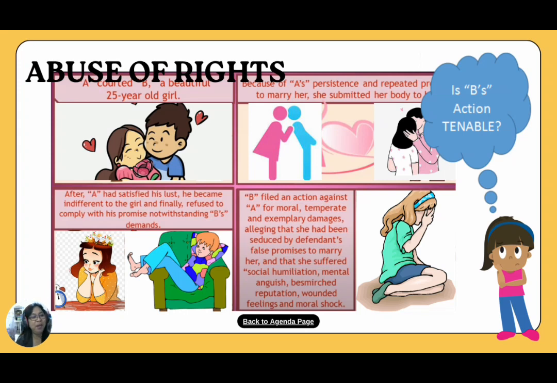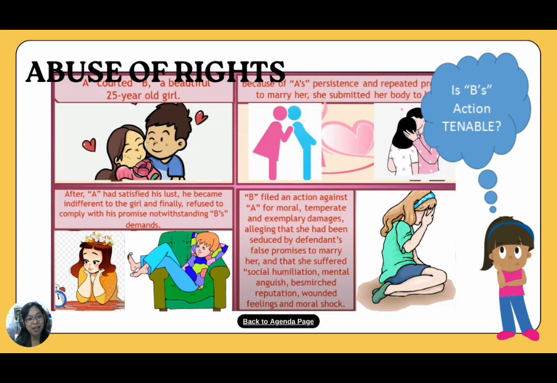Now, after A had satisfied his lust, teka lang, nakuha ko na yung gusto ko, sabi ni A. He became different. Iba na siya. And finally, he refused, eto pa yung masama, he refused to comply with his promise to marry B. Eh ngayon, nagde-demand na ngayon si B. Ayaw na talaga ni A.